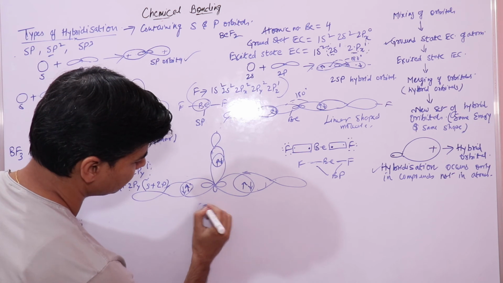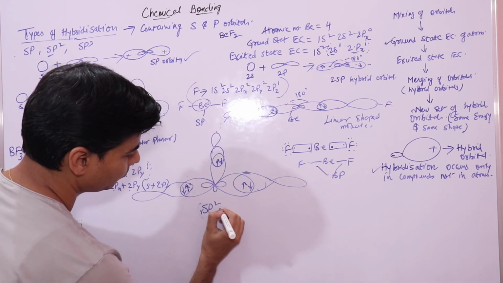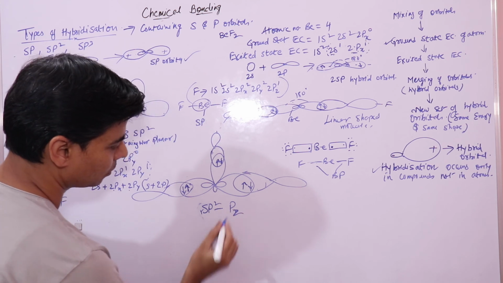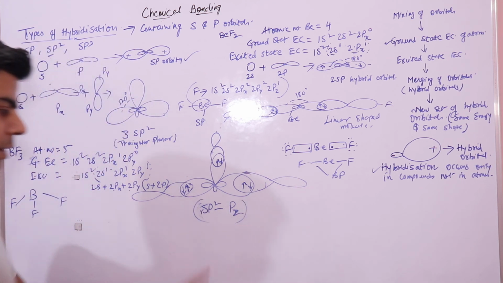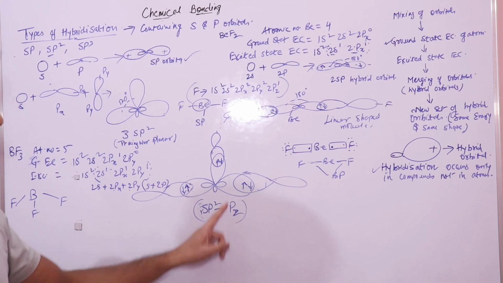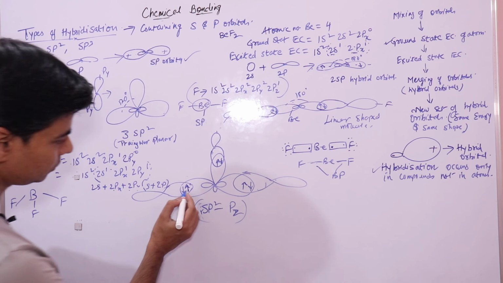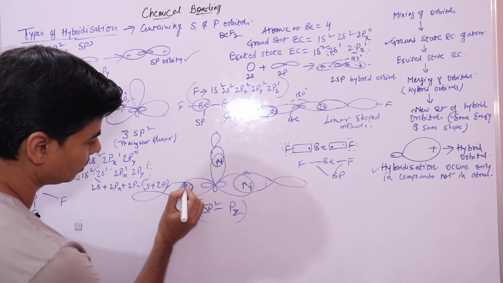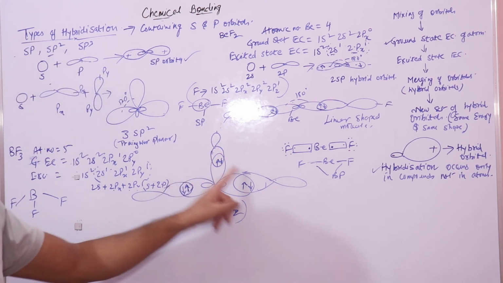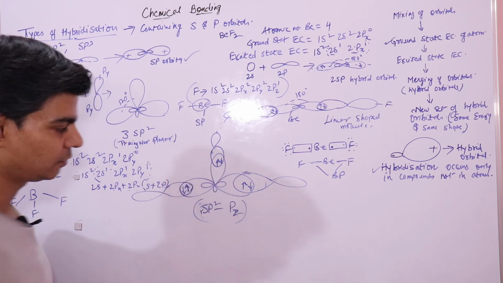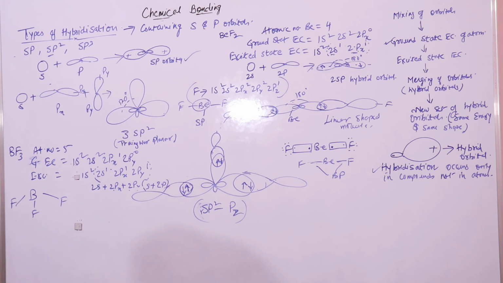It would be like this, the sp2 hybrid orbital of the boron atom will overlap with the 2pz orbital of the fluorine atom, right? This is the overlapping to form these three bonds, right? This is how bonding will take place in boron trifluoride, right? This is an example of sp2 hybridization, right?